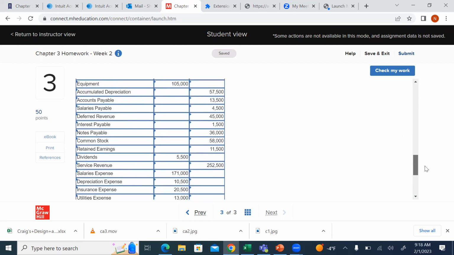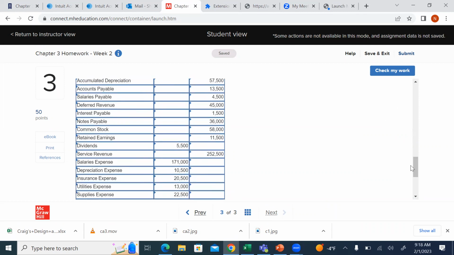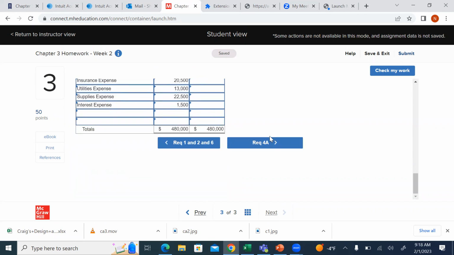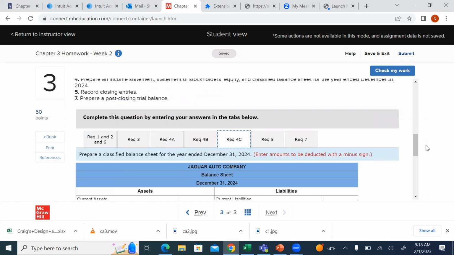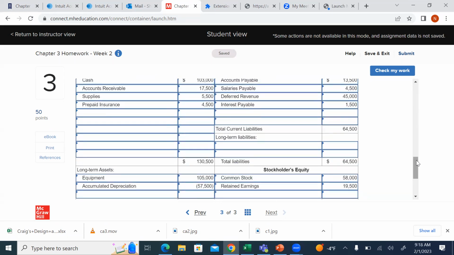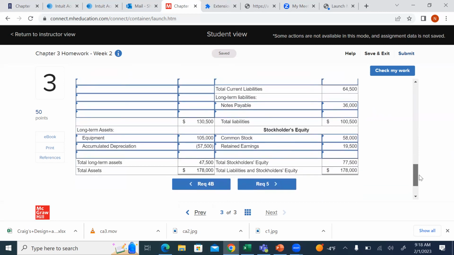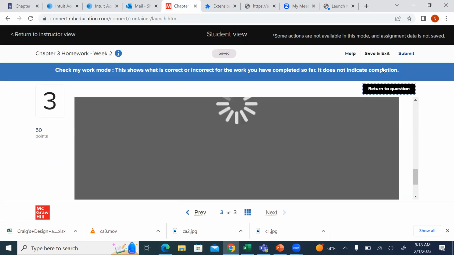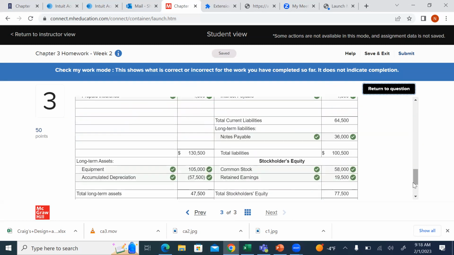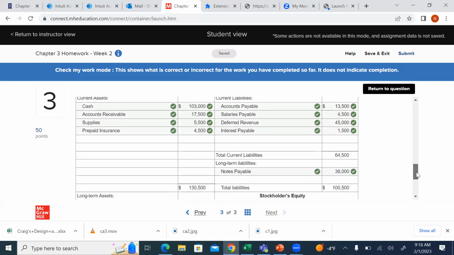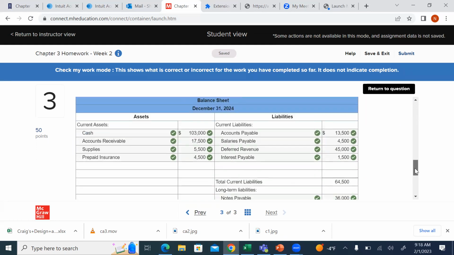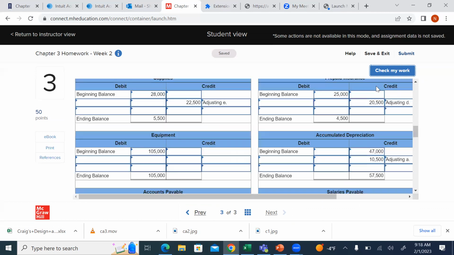Notes payable, 36,000. We balance, but let's check my work to make sure I didn't make a mistake. Are we good so far?